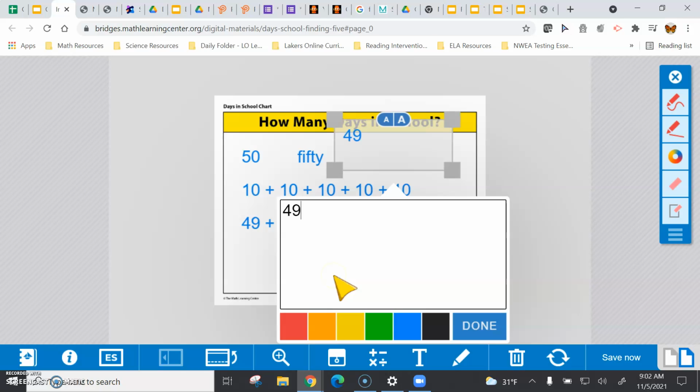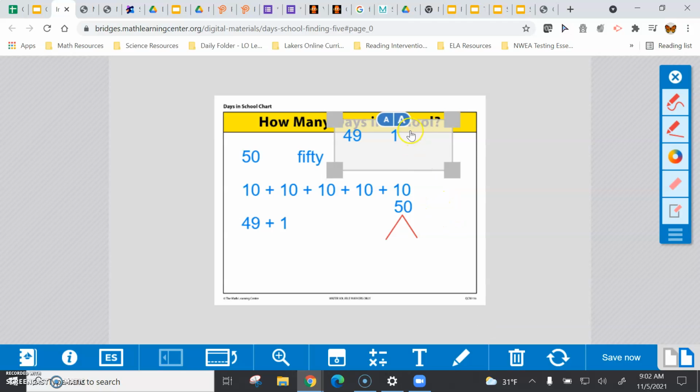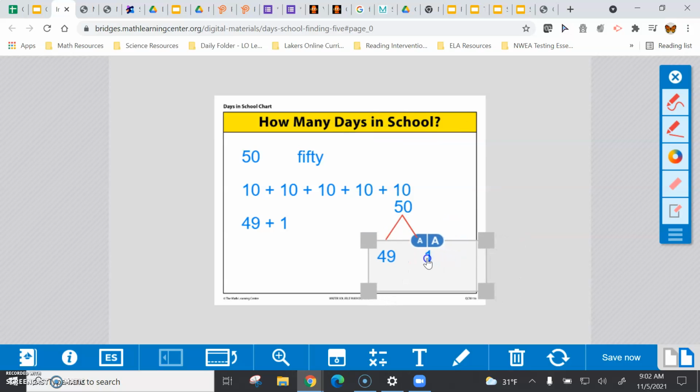In this case, I'll put 49 and 1. We'll add those to our number tree to help us understand how to make the number 50. Great job.